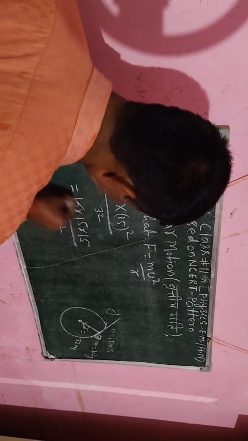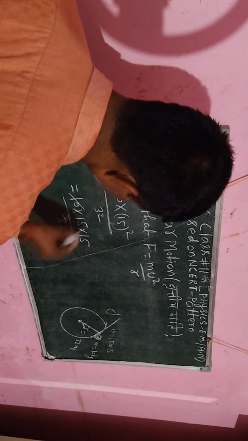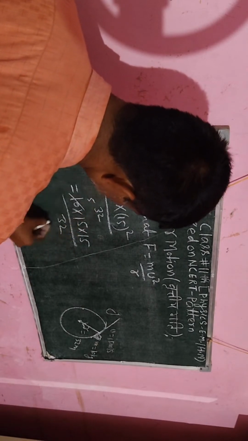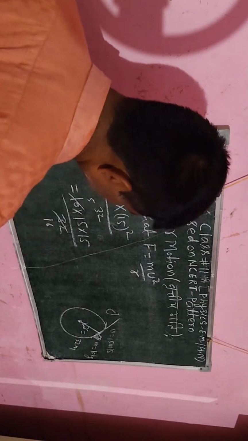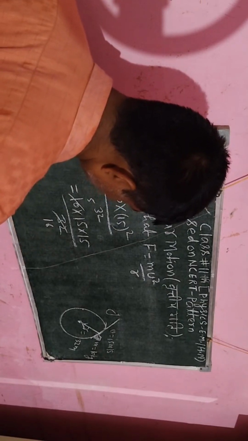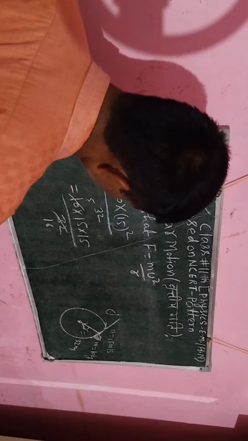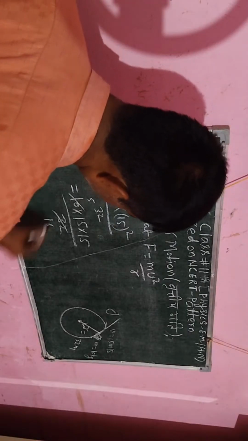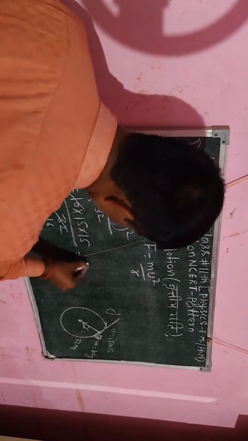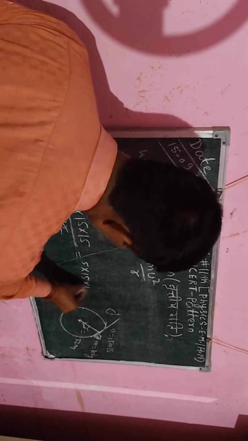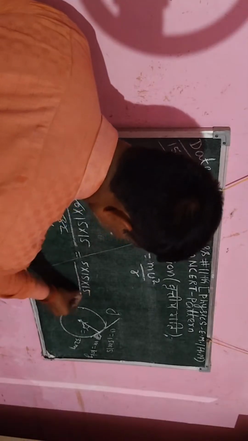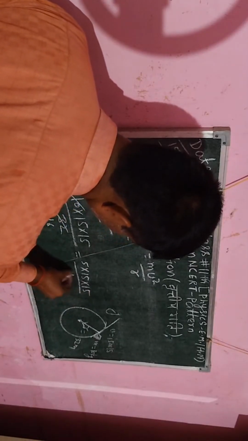So I will simplify. 5 2s are 10, and 2 1s are 2, 2 6s are 12. Again I will multiply the above data. So here I will write 5 into 15 into 15 divided by 16.